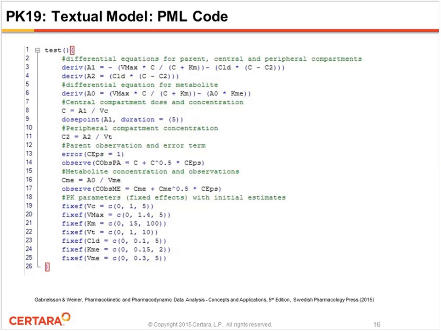In this case, we are simultaneously modeling 2 different sources of data, and we're only using one error term, 1 C epsilon. But since we're applying that same error term across 2 different sets of observations, the power model can sometimes scale and handle that better. And so in that case, it was chosen. There's more discussion about this also in the Gabrielsson and Weiner reference.